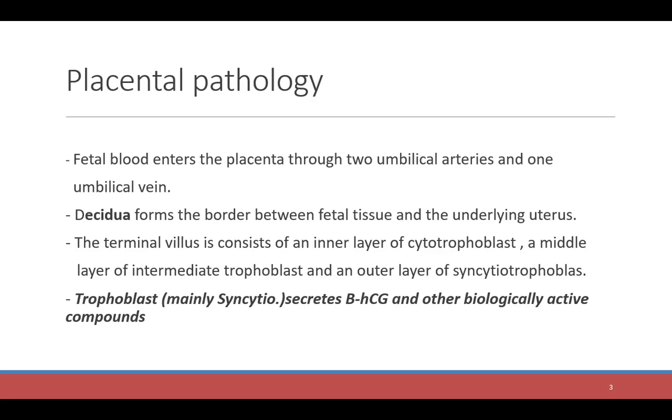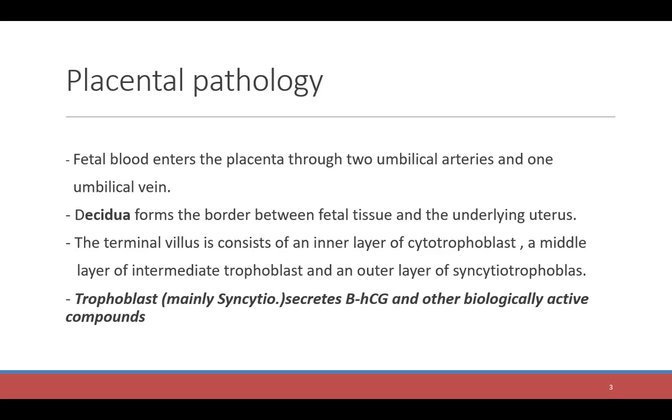So one umbilical vein, two umbilical arteries. This is so important in the umbilical cord. Whenever we examine the placenta, we need to take important sections from the umbilical cord. It's so important to confirm the presence of three blood vessels. So we cut the umbilical cord and confirm the presence of three blood vessels.